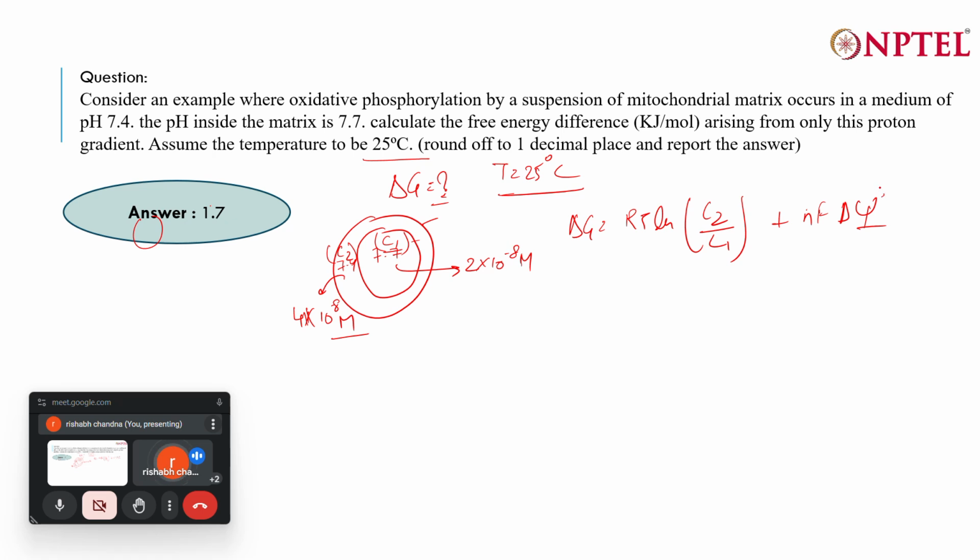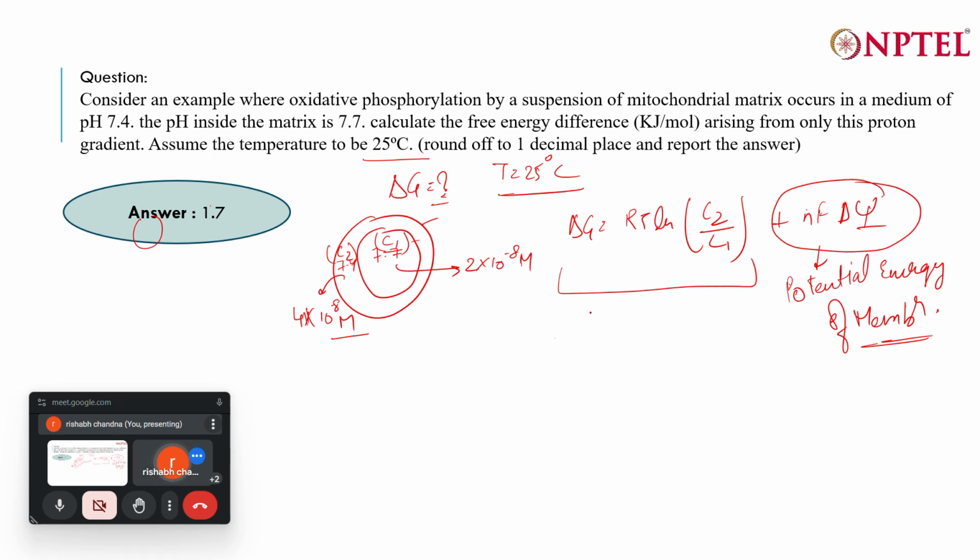This is the case where we are considering the potential energy of the membrane. But in this case, we have neglected this, because the values are not given in the question. We'll only consider this part for the calculation of delta G here.